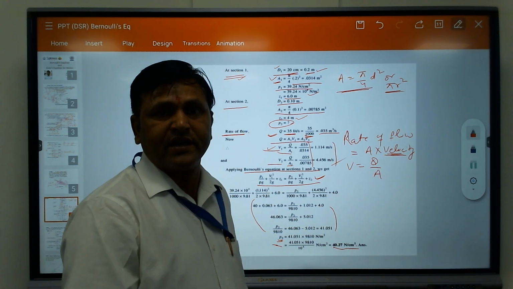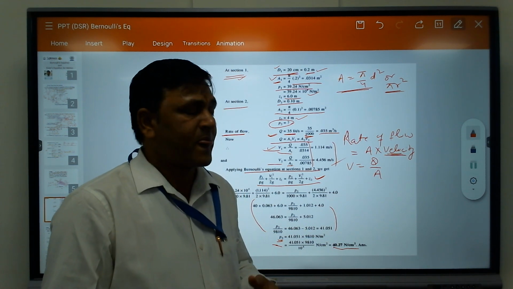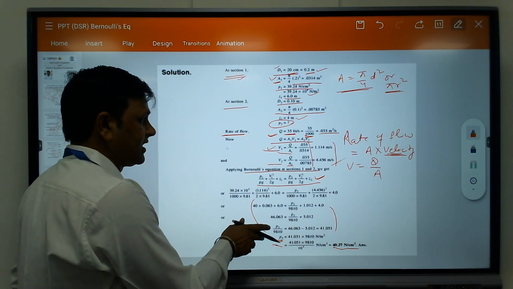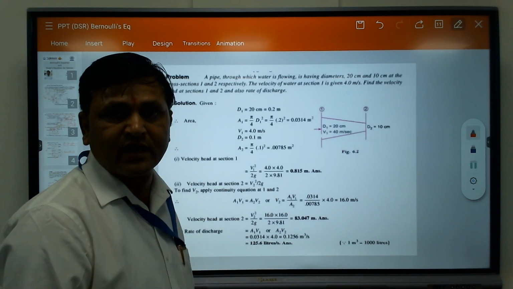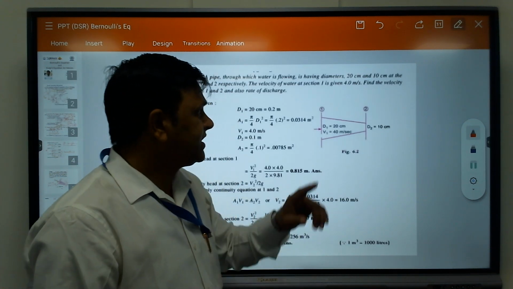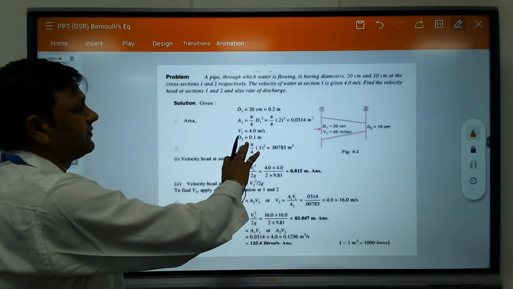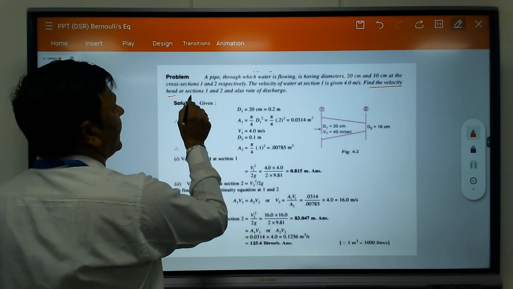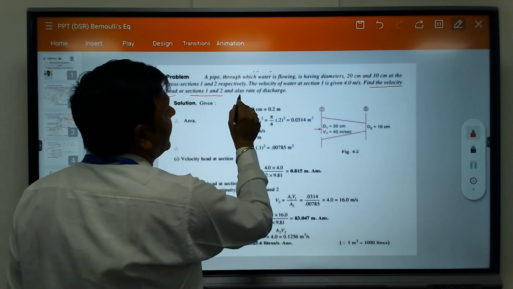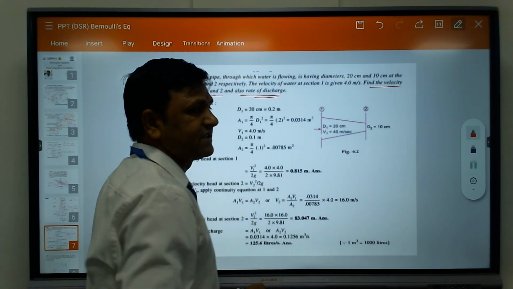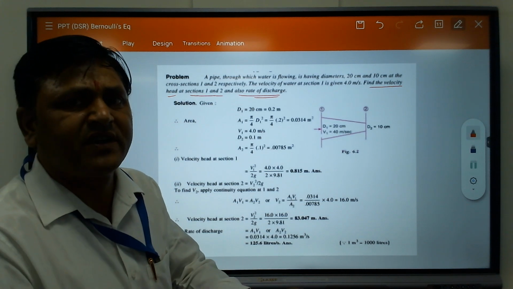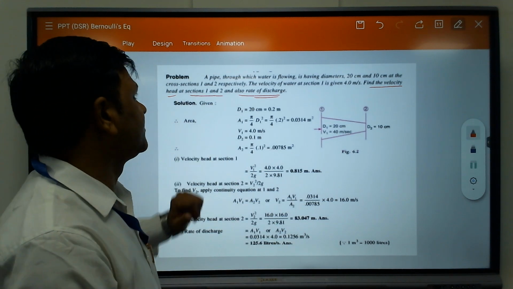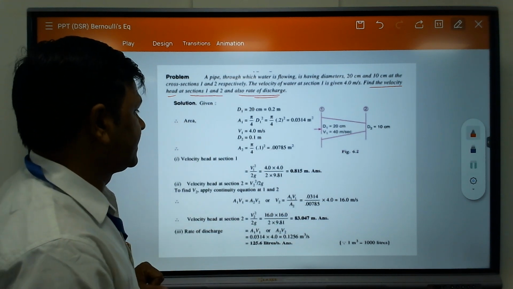Okay. Now the next numerical. In this numerical we have to find the velocity head at sections 1 and 2 and also the rate of discharge. This is a somewhat different numerical from the previous numericals. Now let us see.